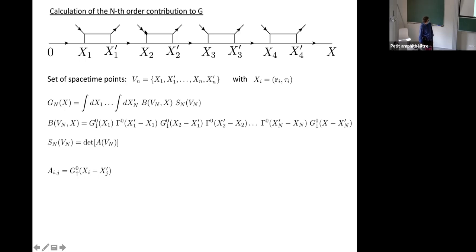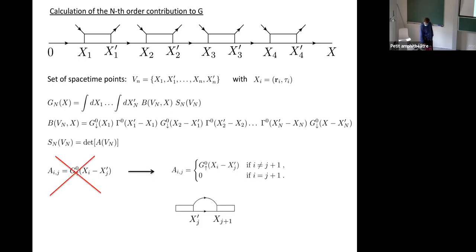But this can be cured very easily by just setting a number of matrix elements to 0, namely if a_ij with i equal to j plus 1, we set it equal to 0, and then this situation can never happen. So that's a very simple trick, and that's it.